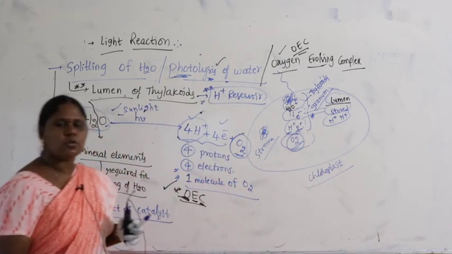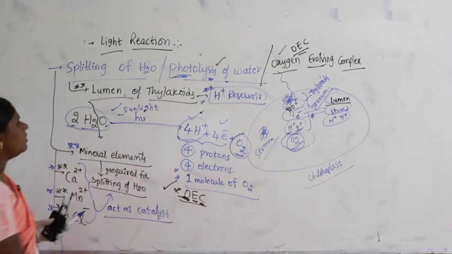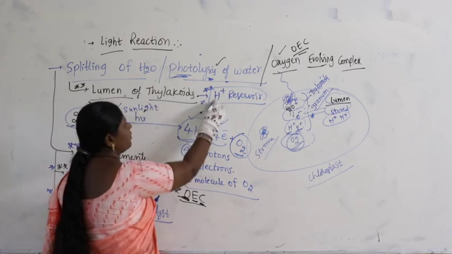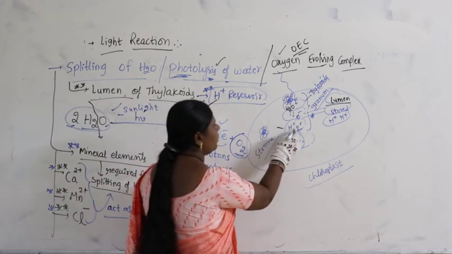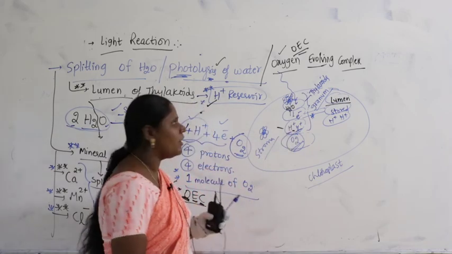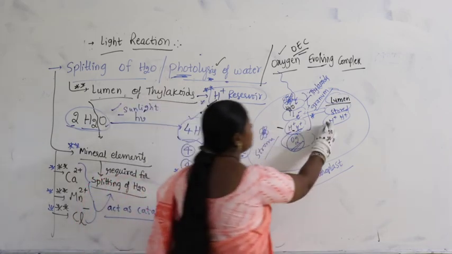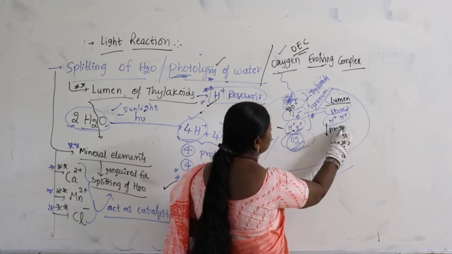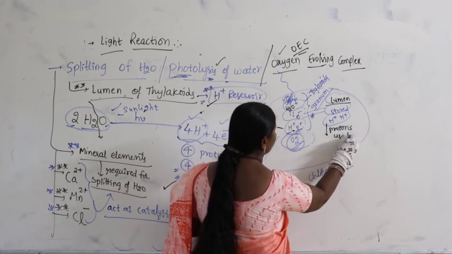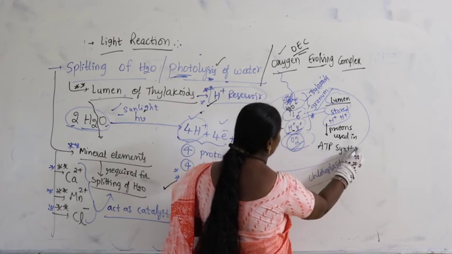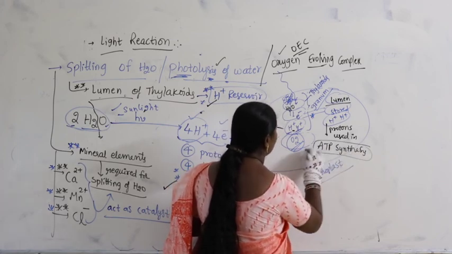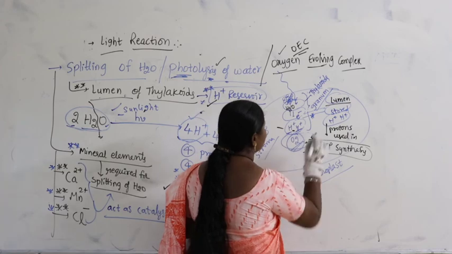As the lumen stores all the protons, the lumen of thylakoid is called proton reservoir. It stores all the protons. By storing protons, what will it do? The protons which are stored here are used in ATP synthesis.